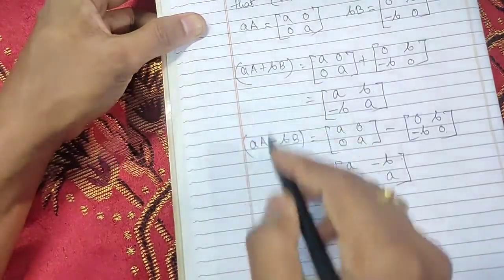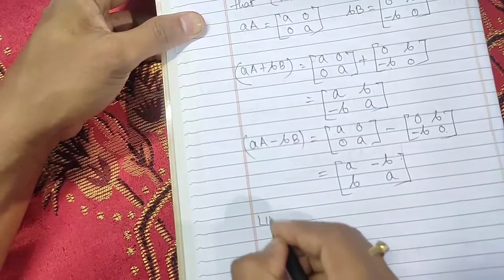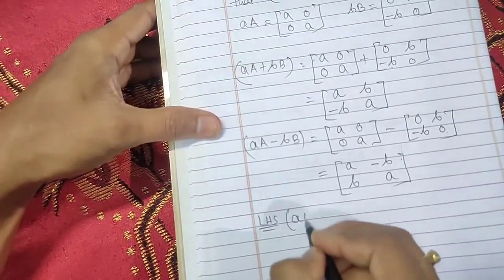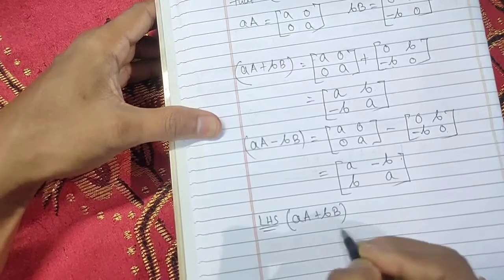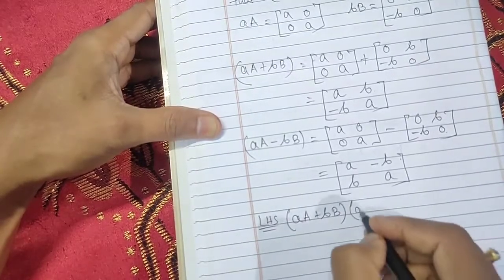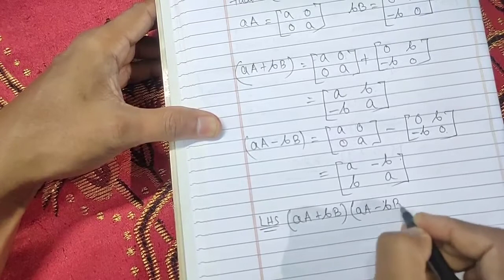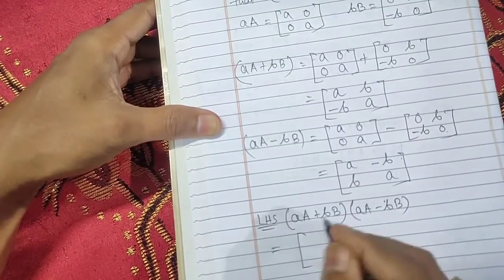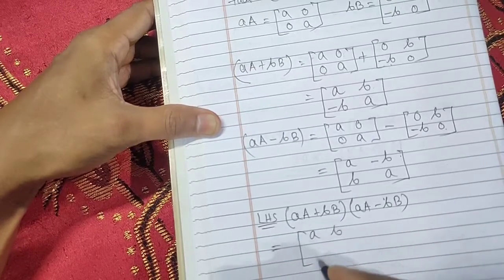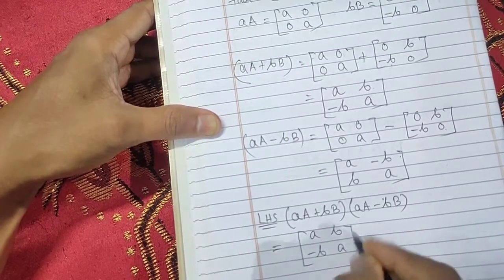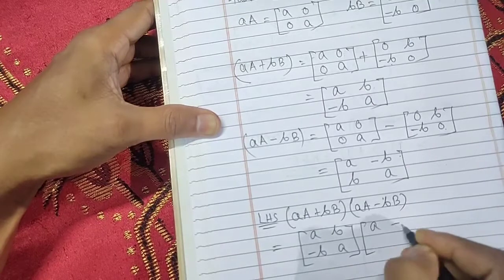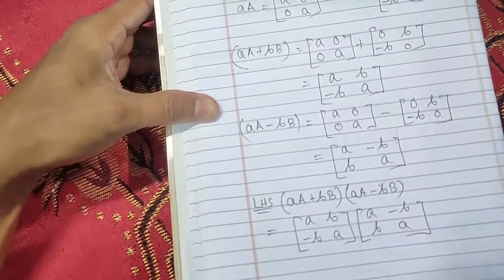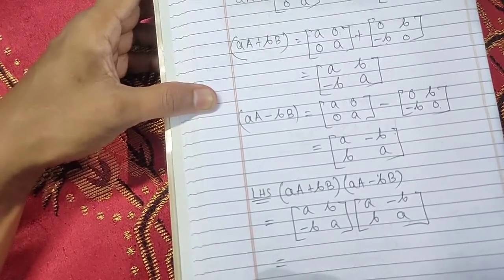Now you have to show that LHS equals to RHS. So LHS is given, this into this, that is aA plus bB into aA minus bB, multiplied.